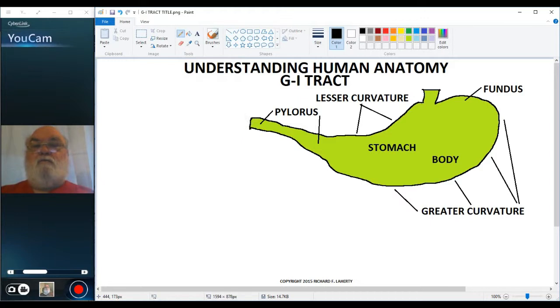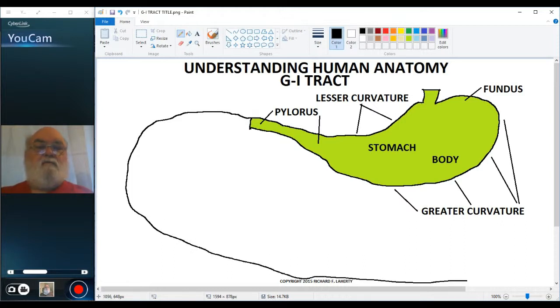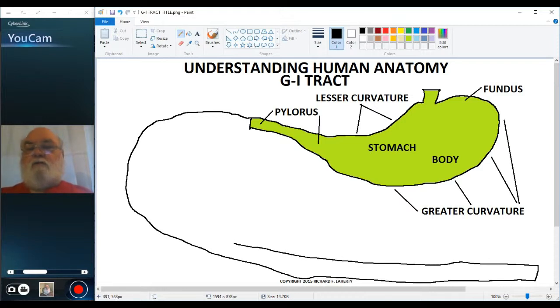Then the stomach opens into the first part of the small intestine, which is the duodenum. And the duodenum makes a nice curvature, like so. Until it ends opening into the second part of the small intestine, the jejunum.